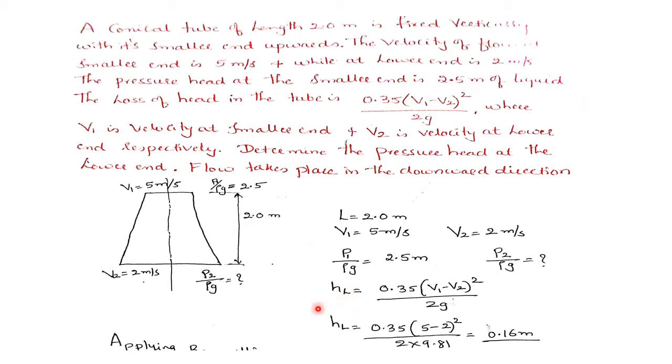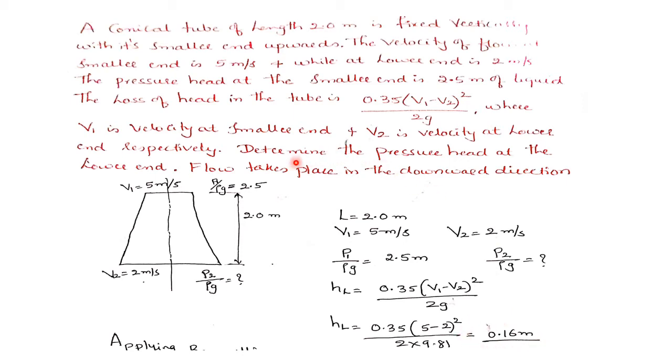The loss of head in the tube, HL, between sections 1 and 2, is given in terms of an equation: 0.35 (V1 minus V2) whole squared divided by 2g. Both V1 and V2 are given. I have calculated this loss of head: HL is 0.35 (5 minus 2) whole squared divided by 2 into 9.81, with g as 9.81. So my value is HL equals 0.16 meter.